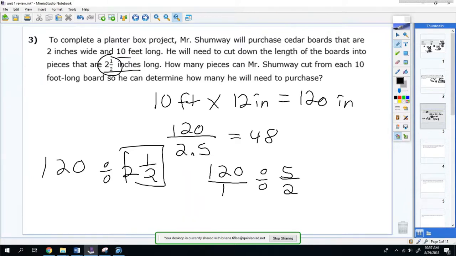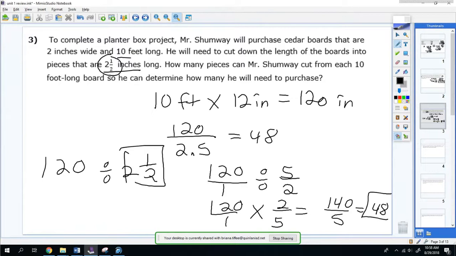Here, you keep it, switch it, flip it. So you keep the first fraction, switch the division to multiplication, and flip the second fraction, and then just multiply straight across. So then you're going to get 240 over 5, which then you just divide and you get 48. So you get the exact same answer, but those are two different ways to do it, just in case you didn't know how to change it to a decimal.